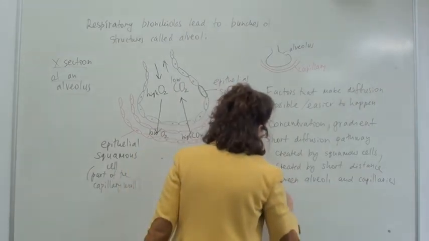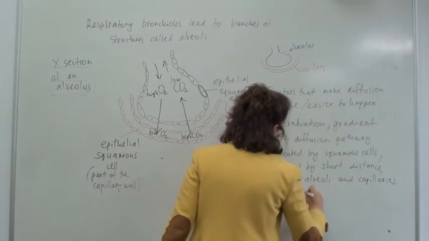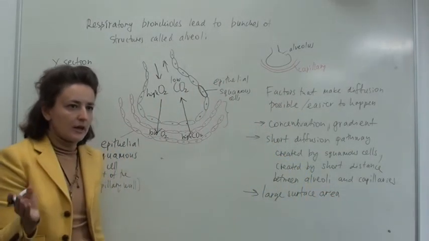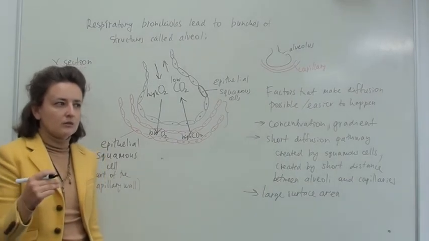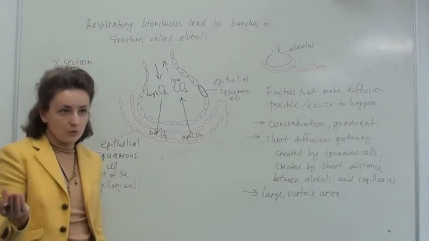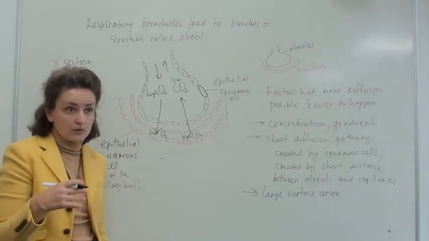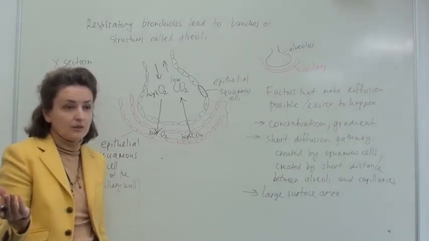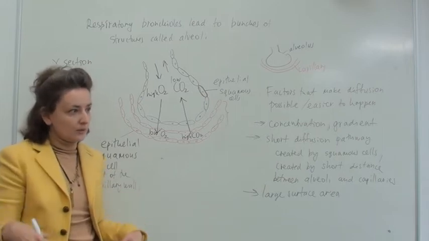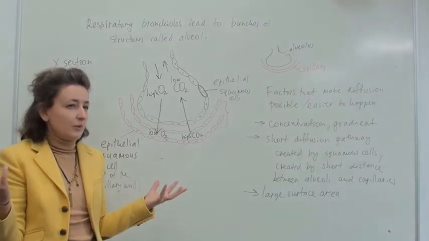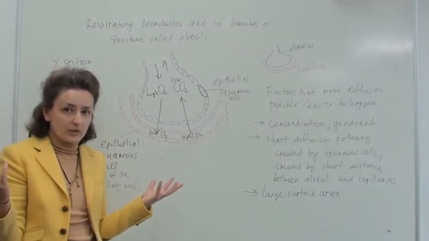So, large surface area. If I was trying to get oxygen through skin, and some organisms do that, they get oxygen through skin and get rid of carbon dioxide if they're very small. Well, the overall area of my skin might be something like 1.5, maybe 2 square meters, right?